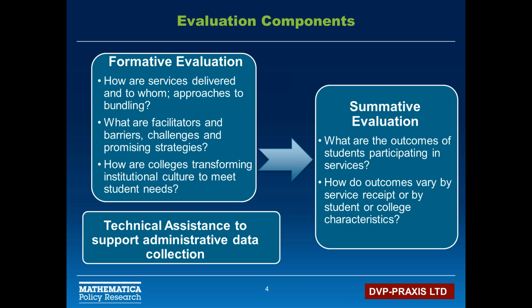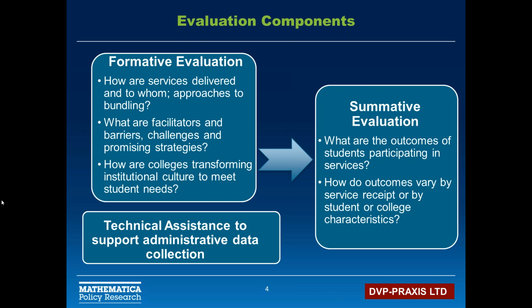And these questions will both attempt to describe the implementation of the WFSNCC program as well as outcomes for participants. And first we have the formative evaluation, which Derek Price and his team from DVP-Praxis are leading. And that's really designed to help us describe the program implementation and generate feedback that will ultimately support the summative evaluation, but also generate feedback that will be useful for program improvement down the road.